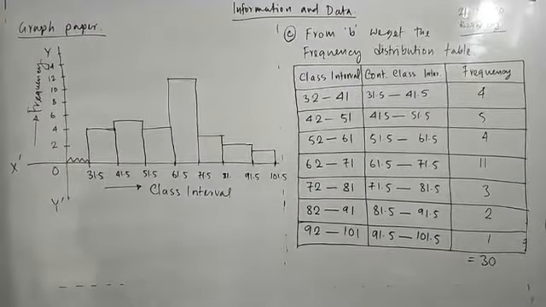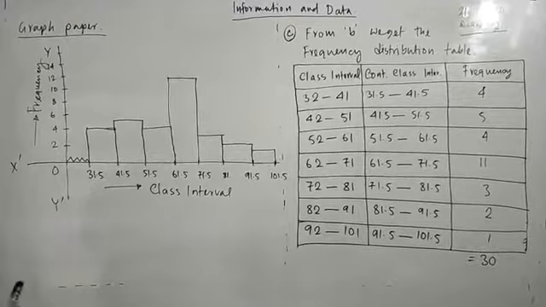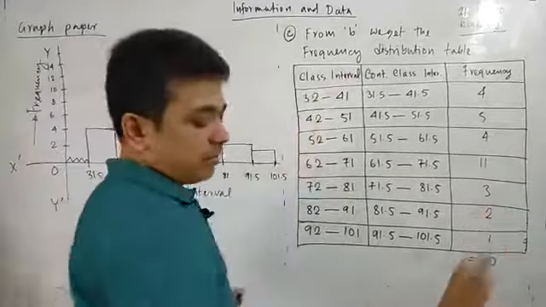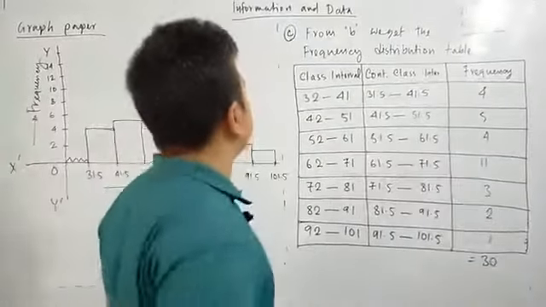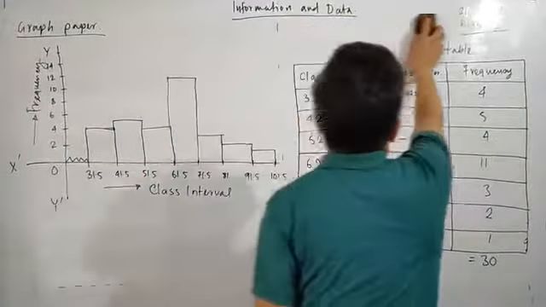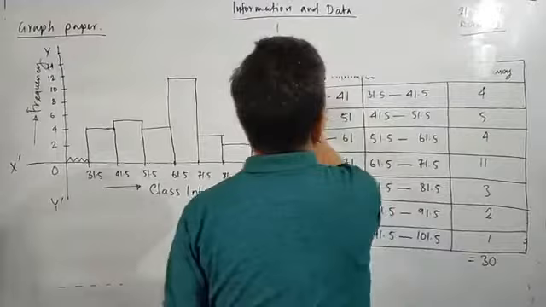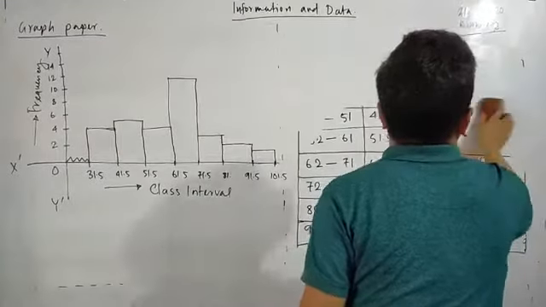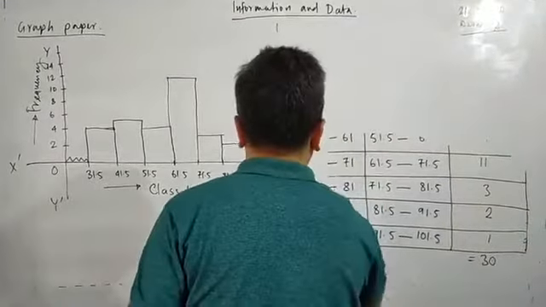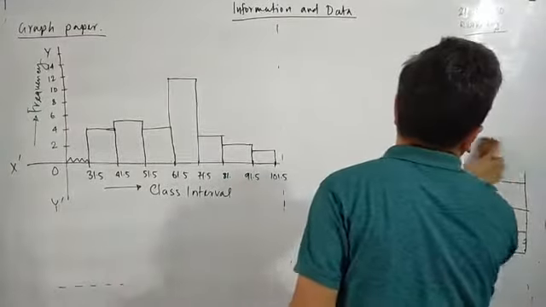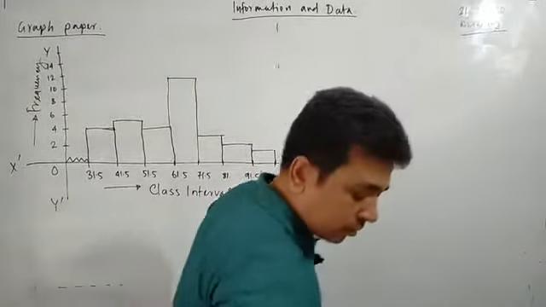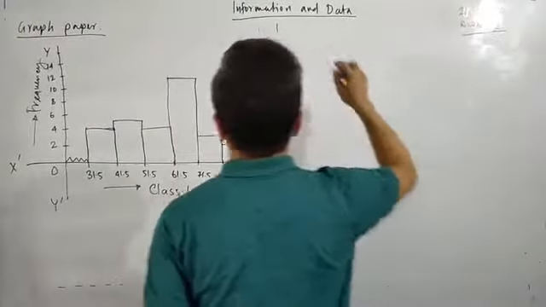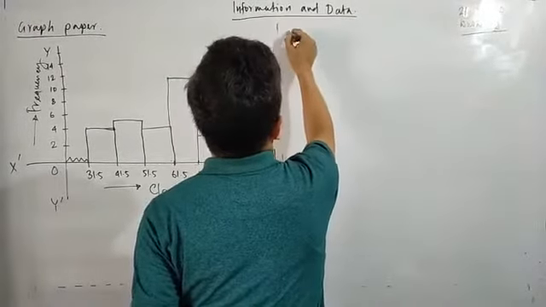So how to write the description? I think we don't need this table here, so I am erasing this table and I am going to write the description. Look at that, how to write the description.